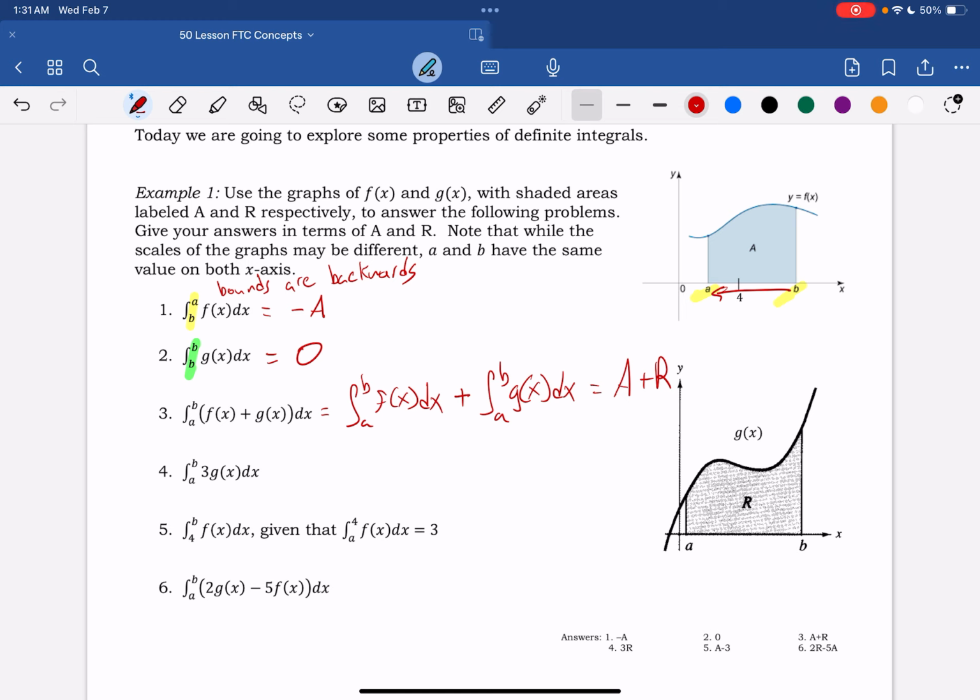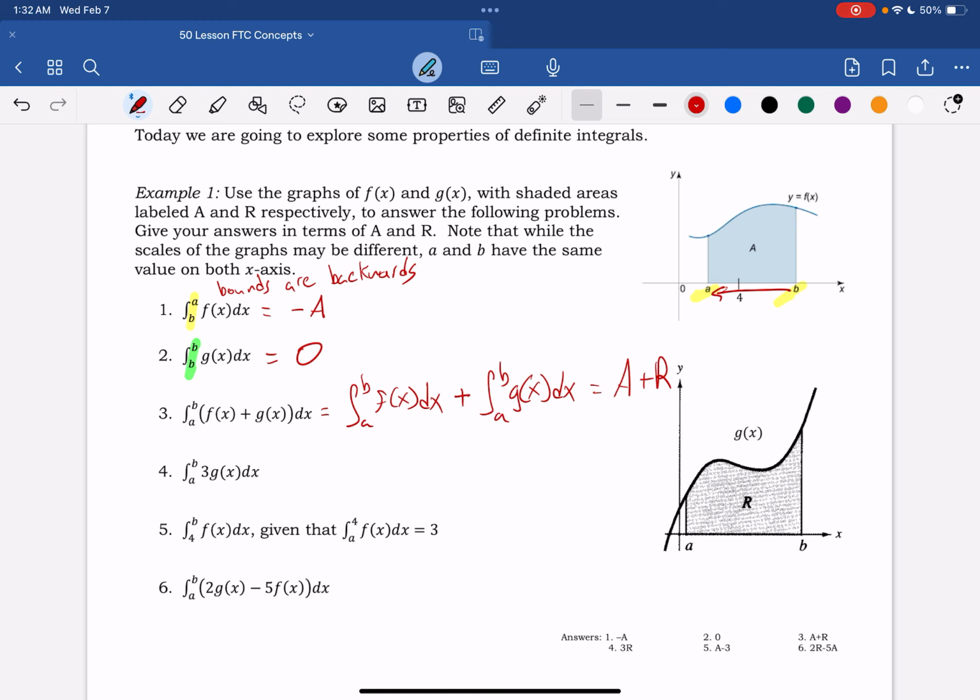Sum and difference would be the rules that we've been using there. We used that even back when we were finding just the antiderivatives in general. When we weren't doing FTC, we were able to look at individual pieces of the integrals to determine the antiderivatives of smaller chunks of the problem.